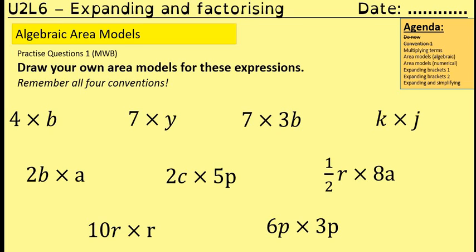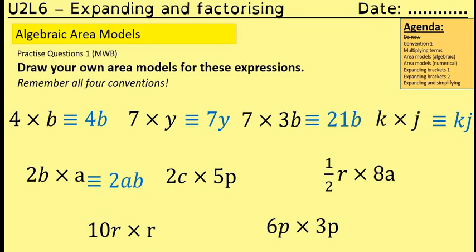Okay, so I don't have space on the slides to put in the area model, so I'm just going to give you the area of the rectangles that you should have drawn. So for the first one, we should have had 4b, then 7y, then 21b, kj, making sure our letters are in alphabetical order, 2ab, 10cp, 4ar.